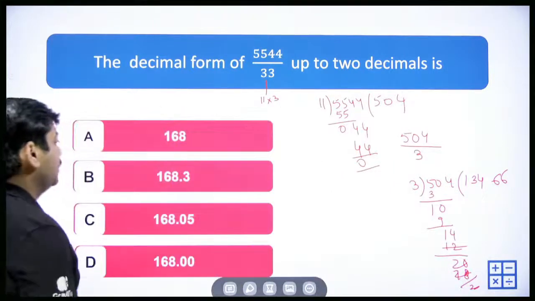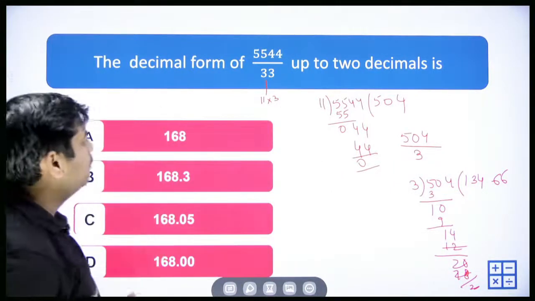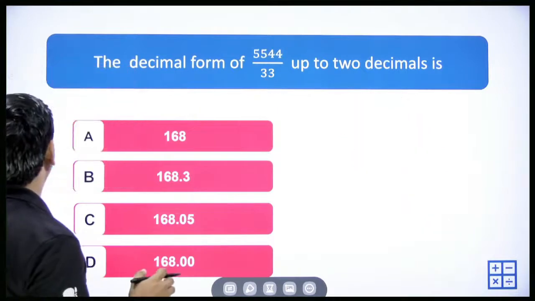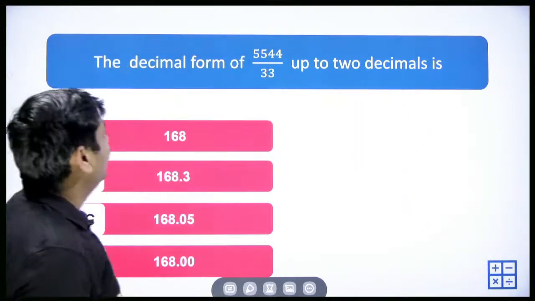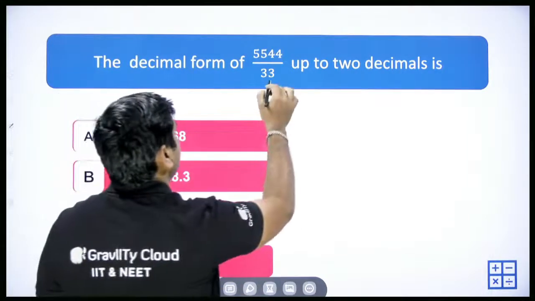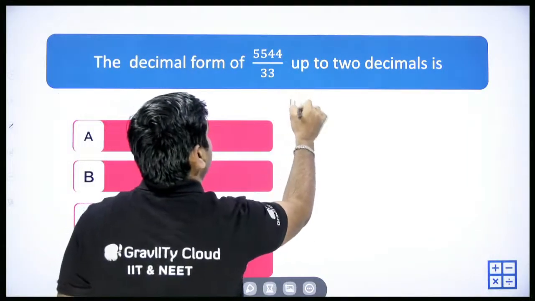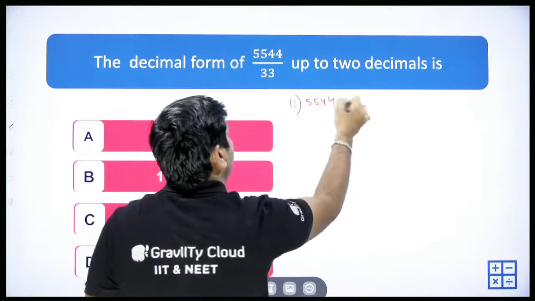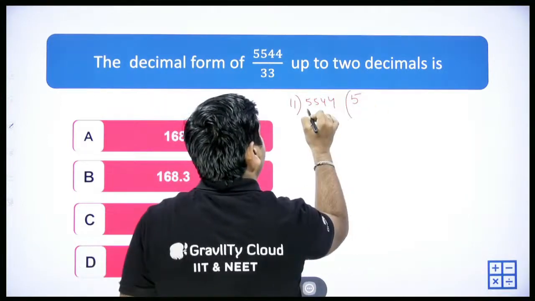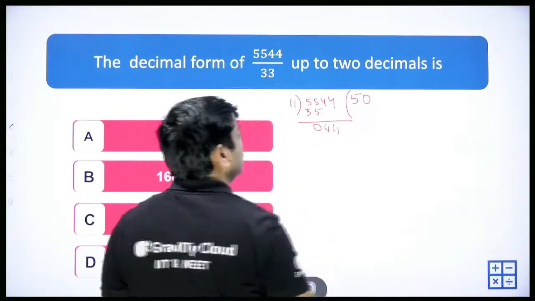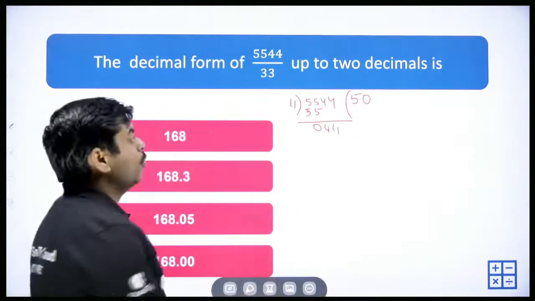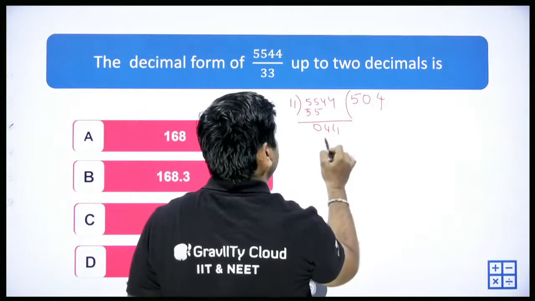134.66. Once again, let's try to cross check that. There may be some mistake somewhere. Let me do it from the first. The decimal form of 5544 by 33. 11 5s are 55, 0, 4 4. 11 4s is 44.